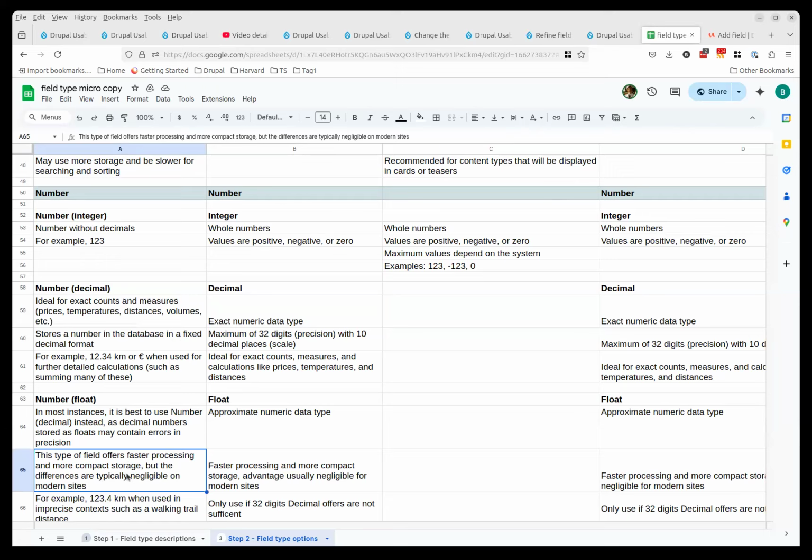If decimal and float are more or less interchangeable to a certain degree, how does it come that float is faster in processing? I'm not sure, and given that the text here says that the difference is typically negligible, I wonder why you would bother to mention it. Yeah, I trusted that it was there and thought it was an important detail, and therefore I kept it.